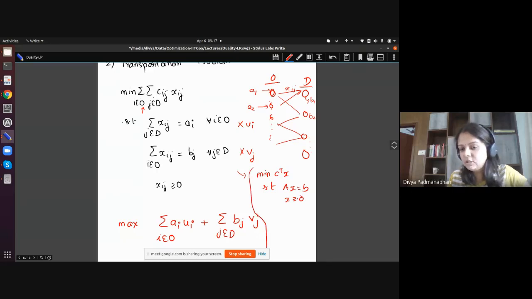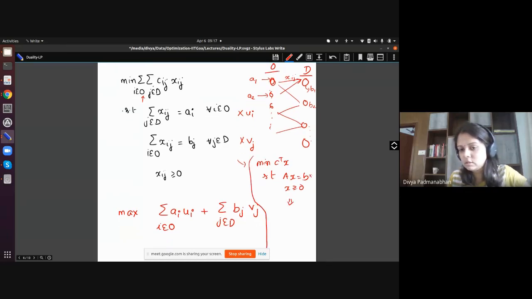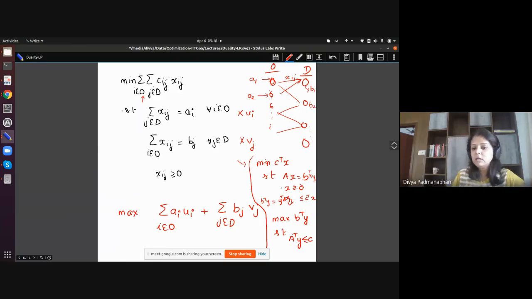If you write the dual of this, you get max B transpose Y subject to, B transpose Y, which is equal to Y transpose AX, and you want this to be a lower bound for C transpose X. Here X's are already greater than or equal to 0, so you can have A transpose Y less than or equal to C. But for AX equal to B, you don't need any constraints on Y's, because that is satisfied even if Y is positive or negative.